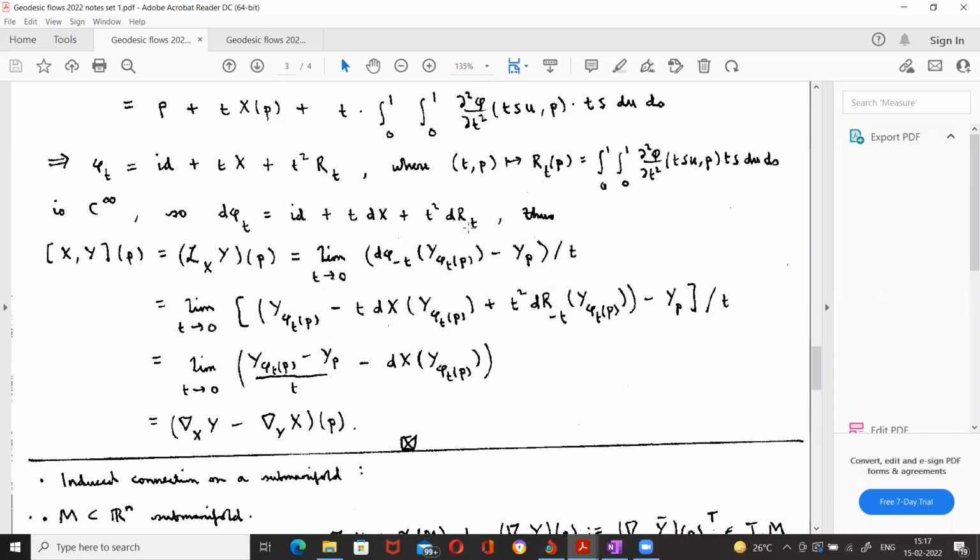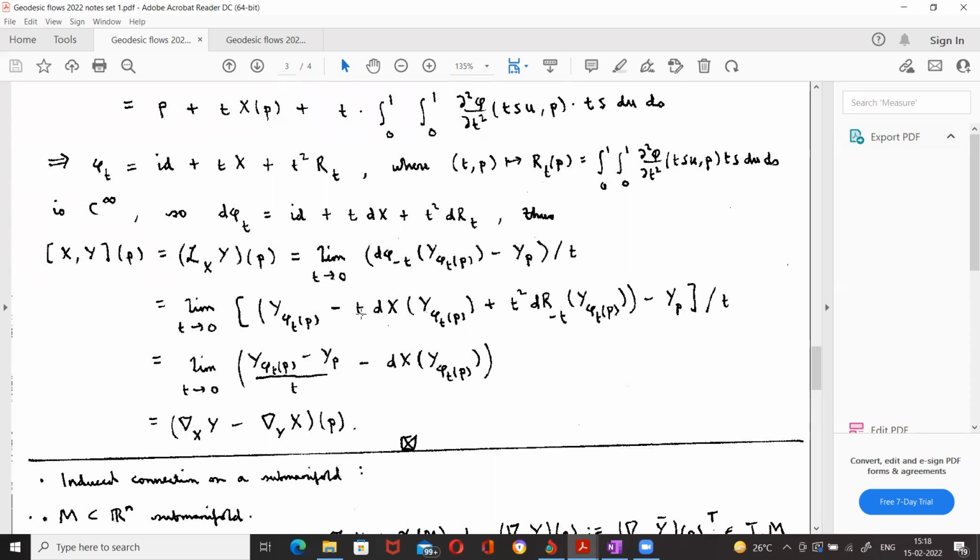In this formula, I just replace t by minus t. So when I apply the identity, I'll just get y at phi t of p. Then I'll get minus t dx of y of phi t of p, plus t squared d r minus t of y phi t of p, minus y p, the whole thing divided by t.